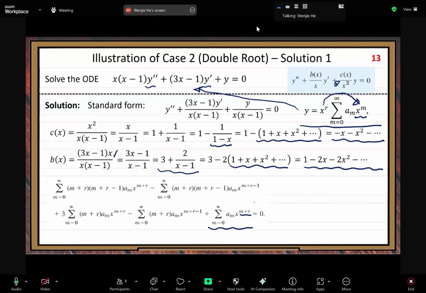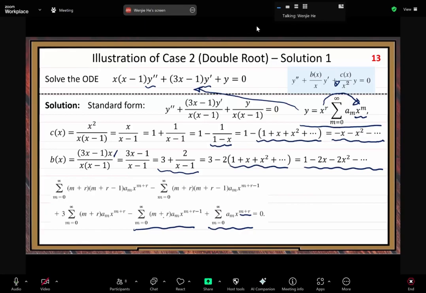Then when you take a derivative, it's easier. This is the derivative. Term-wise, you apply the power rule. That's the derivative. The second derivative, you apply it another time.